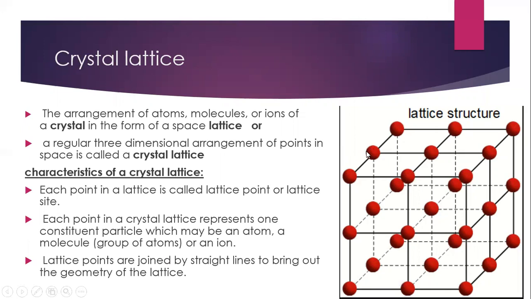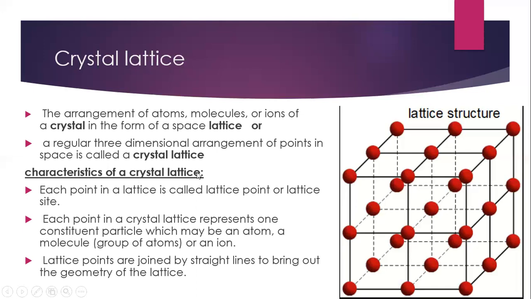So systematic arrangement of a lattice point in a space is called as a crystal lattice. Or another definition, a regular three-dimensional arrangement of points in space is called as crystal lattice.